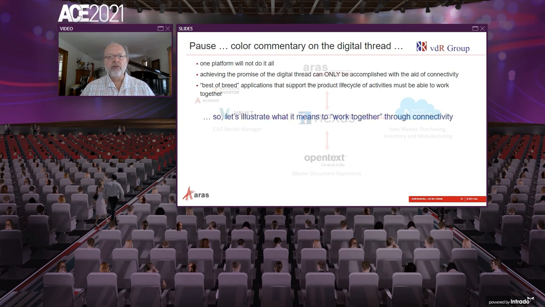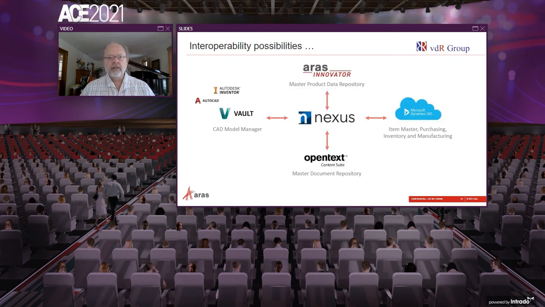So let's go through this story. How does this all work together? Again, a strategic approach. People talk about connectivity. We want to talk about what it means for the enterprise. So in this illustration, we're going to start with Aras Innovator. And the theme here is Aras Innovator, as you all know, has a great change platform.